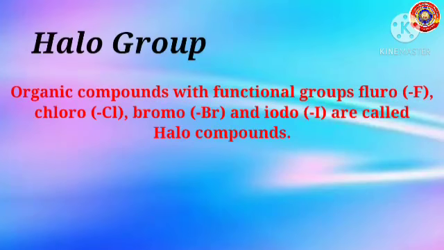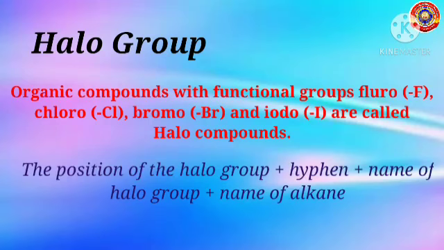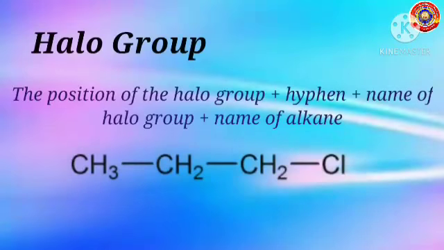Organic compounds with the functional groups fluoro, chloro, bromo and iodo are called halo compounds. The method of giving IUPAC names to these compounds is as per the rule, the position of the halo group plus hyphen plus name of the halo group plus name of alkane. Consider the compound CH3CH2CH2Cl.